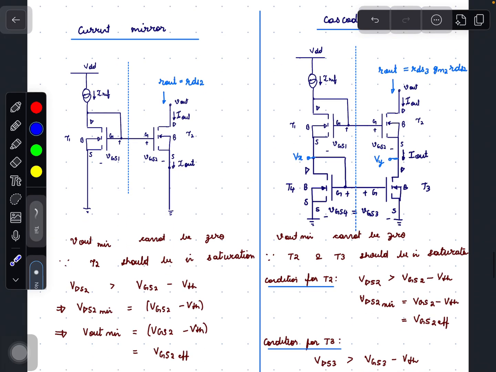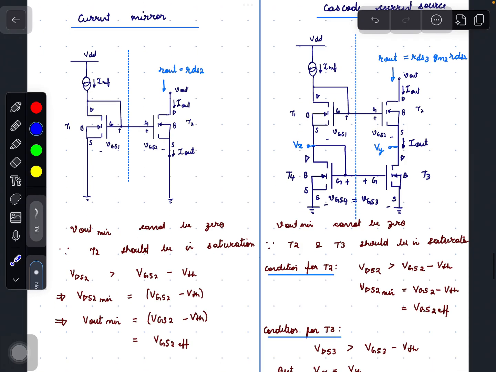The reason is we want the transistor T2 to be in saturation for this current mirror to work. So for T2 to be in saturation, we want the drain to source of T2, that is VDS2, to be greater than VGS2 minus VTH.